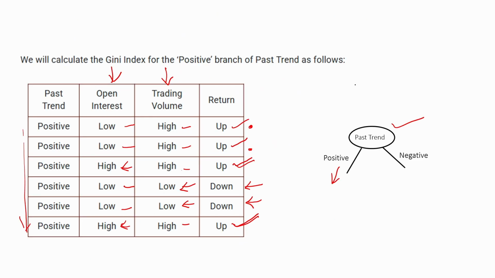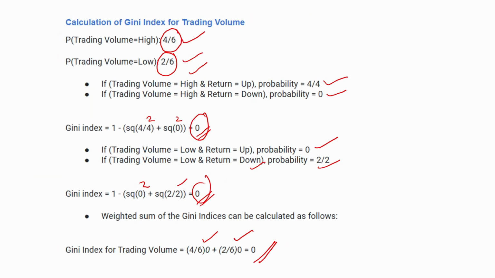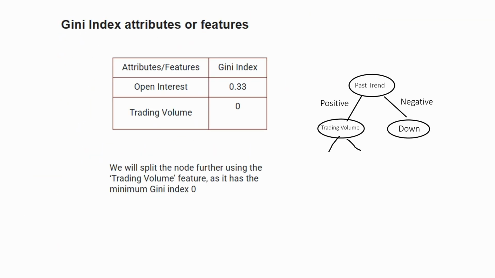Now, if you go back, you can see that we have found the Gini index for open interest as well as trading volume. Now you have to compare the Gini index of these two and select the one having the lowest Gini index. So for open interest we got the Gini index as 0.33, and for trading volume we got it as 0.